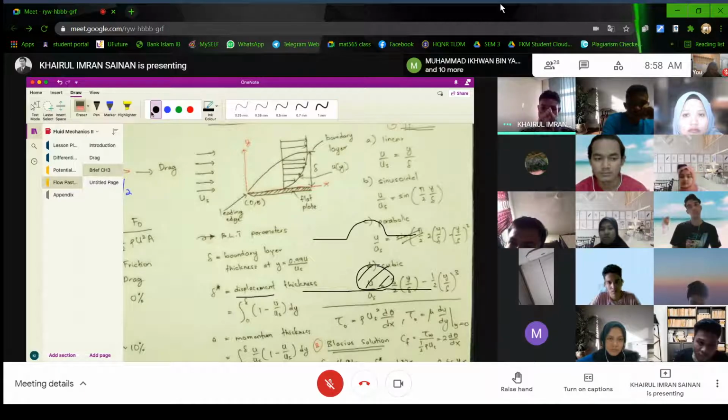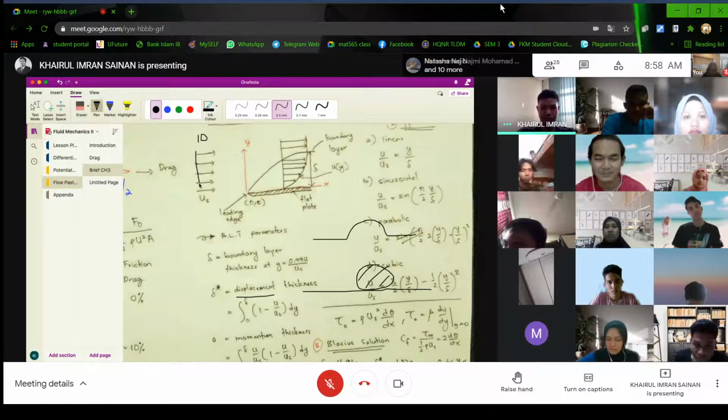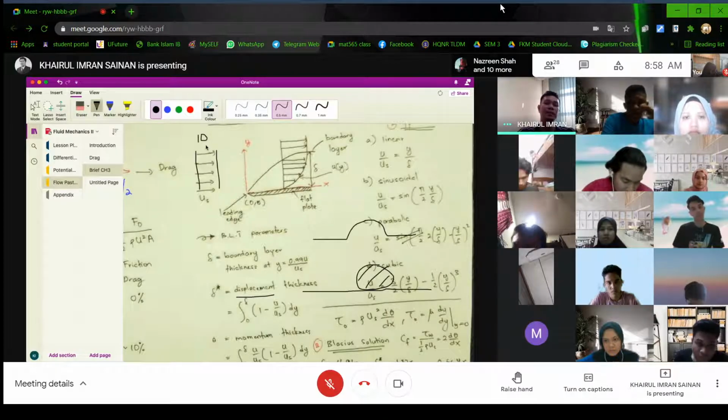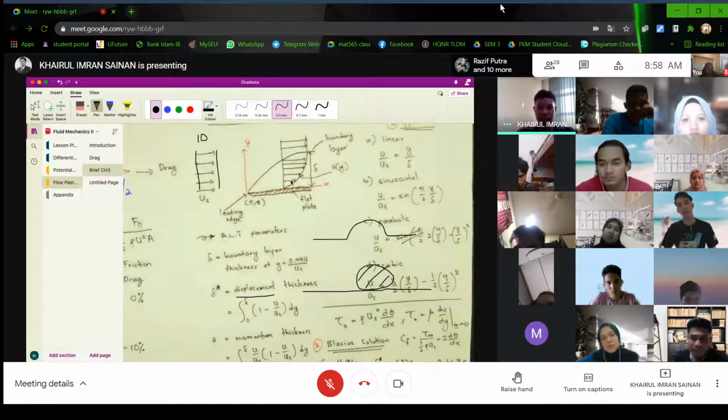Momentum. Imagine the total momentum is 10. Just assume no unit, only 10. So you have the arrows, all the same, the same width, meaning free stream velocity, right? But when it moves towards the flat plate, can you see the arrows? Some of them become lower.